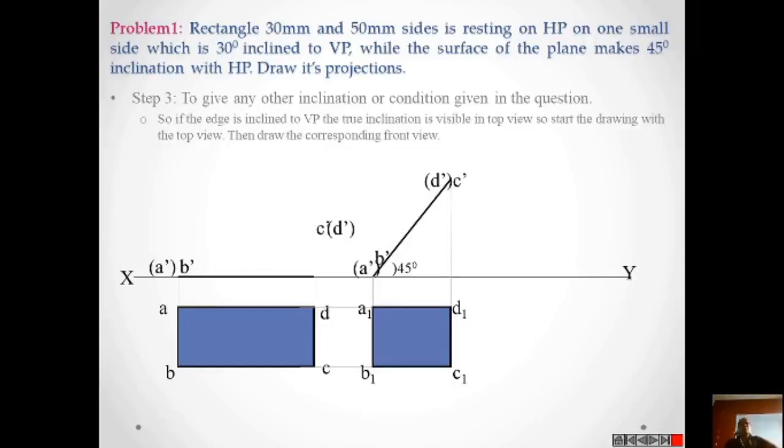First we gave the plane inclination, then we give the other inclination mentioned in the question. This inclination is with VP, and the inclination of a line with VP is visible in top view. So we are taking that line A1 B1.